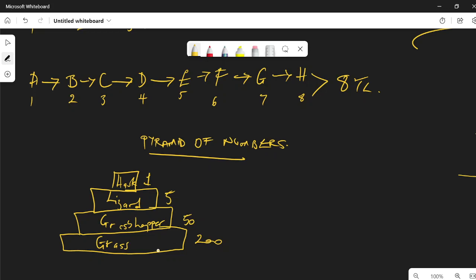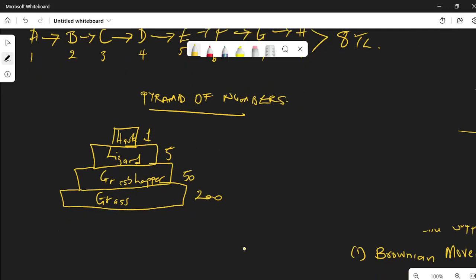If you look at it, the grass here has a larger bar, like a bar chart, or is it a histogram in mathematics? So it has a larger bar than the grasshopper. So that is how the number is being represented. So the grasses have a larger number than the grasshopper, than the lizard, than the hawk. Do we understand that?